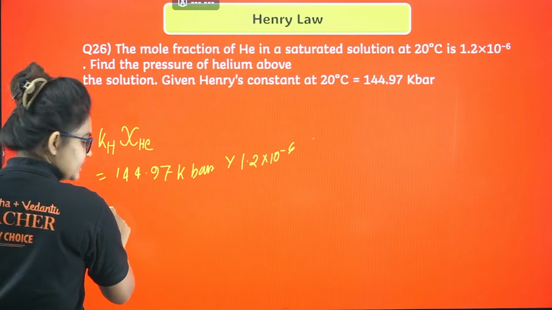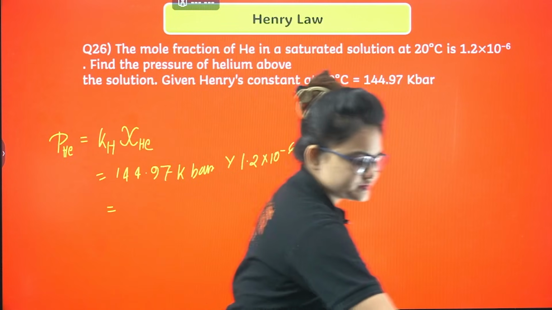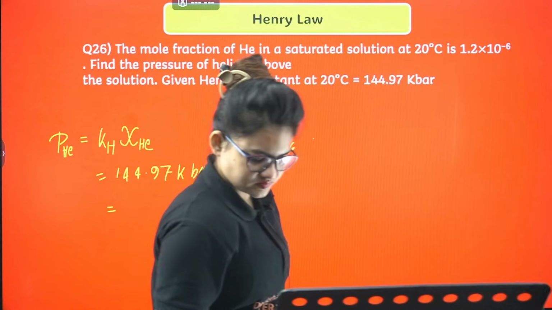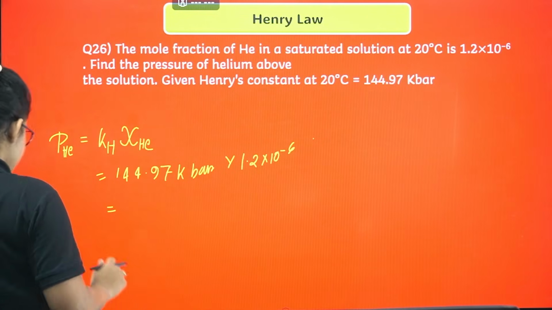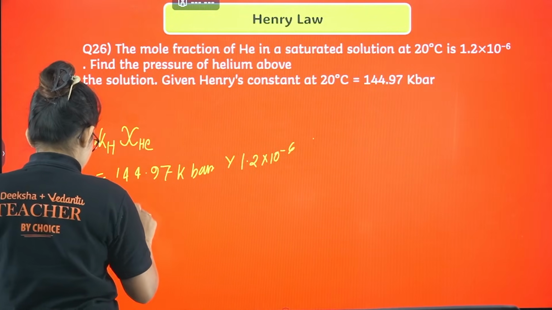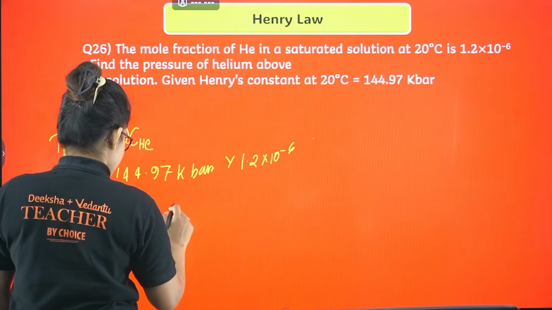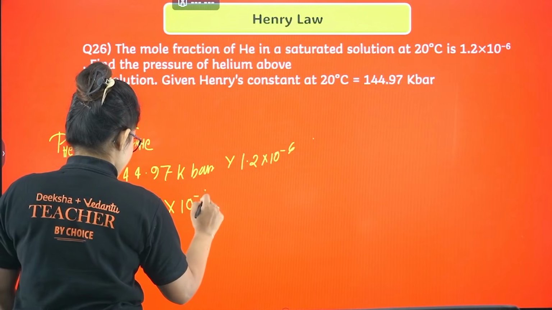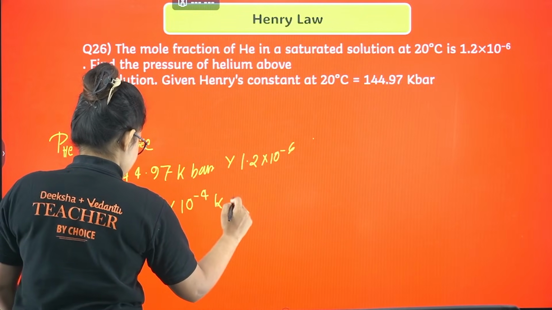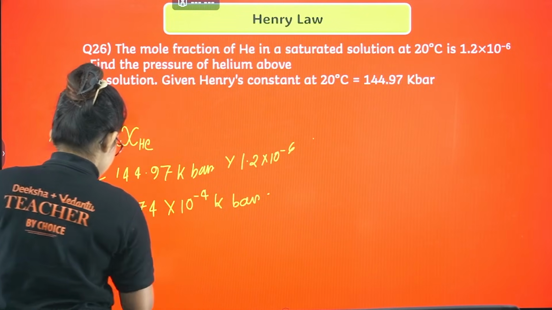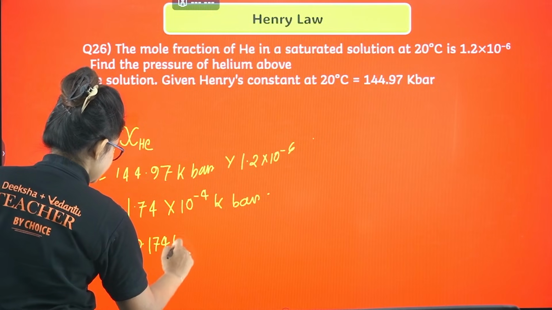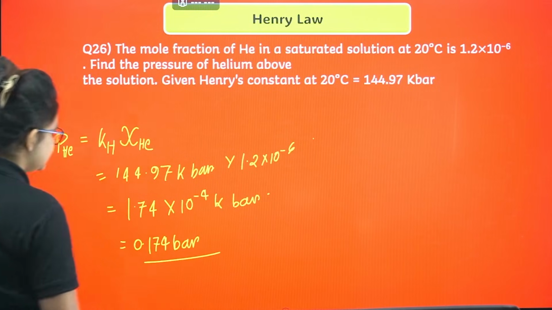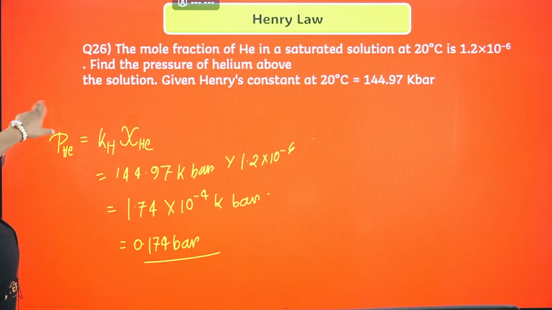If you calculate further, you will get 1.74 into 10 power minus 4. Further if you convert, it should be 0.174 bar only. Okay, that's it. I guess it's clear. Let's proceed further.